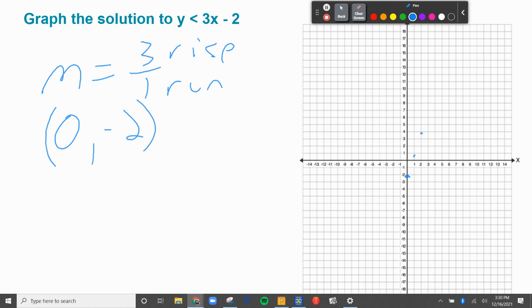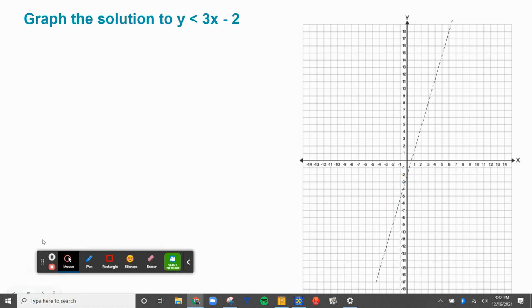We can create a line from there. Something like that. It's not very straight, but we'll get better at it. Unfortunately, we're not done, because that line tells us it actually needs to be a dashed line. So let's change that line. That's a little better. We've got y is less than 3x minus 2.